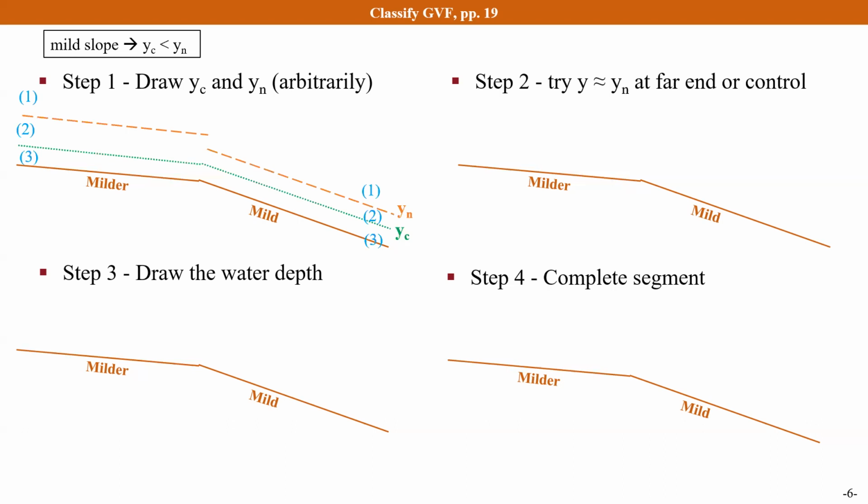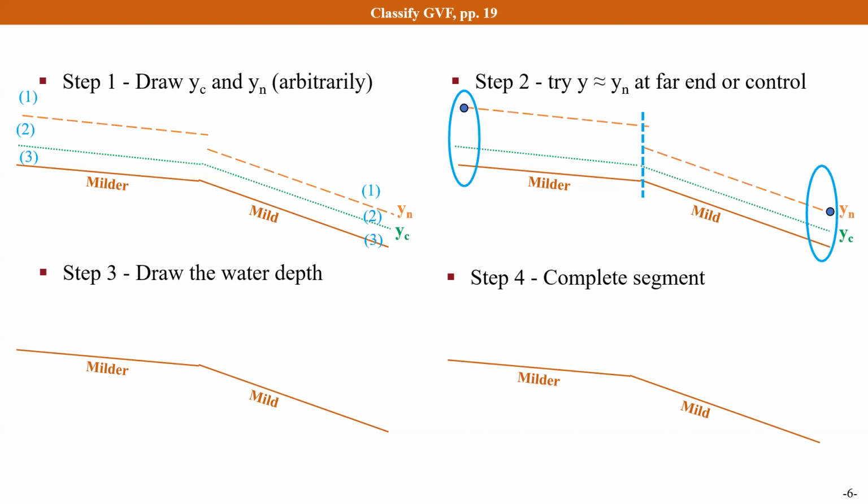Next, we need to try the actual water depth y close to the normal depth at the far end. In the plot, we use the blue dot to represent the actual water depth at the far end.